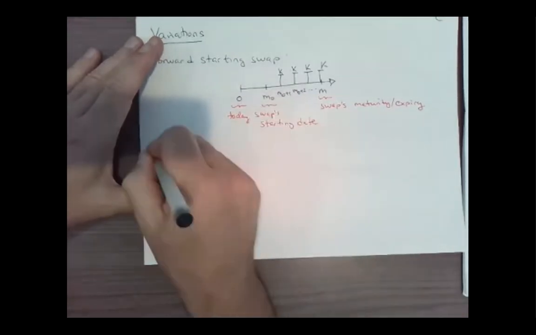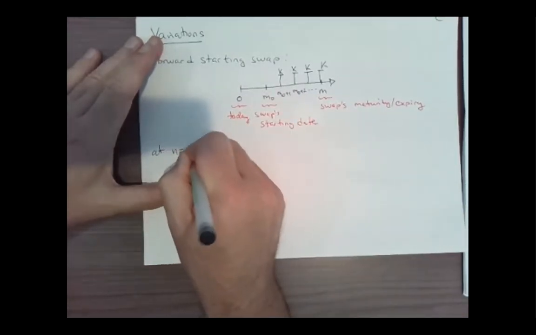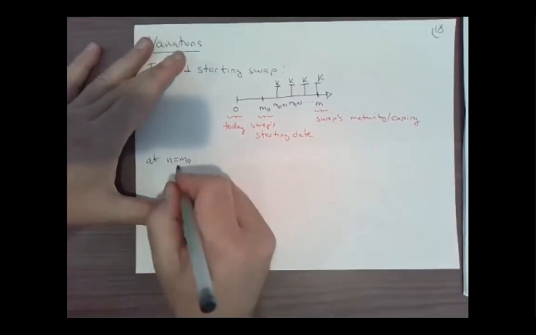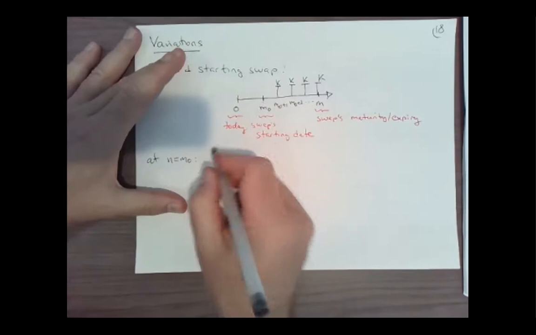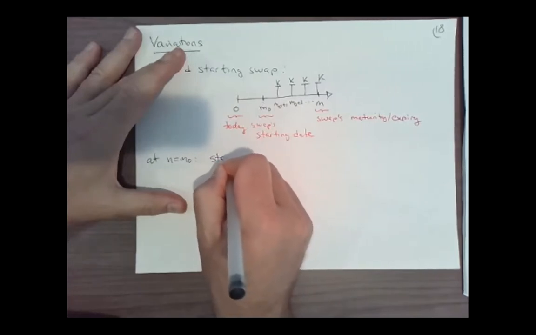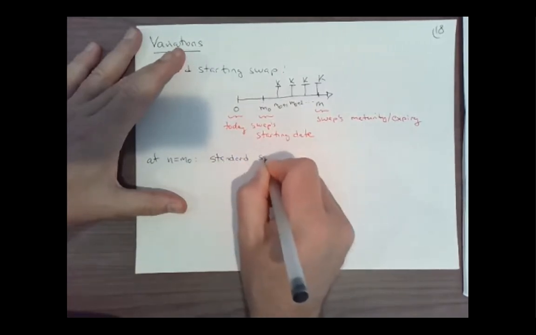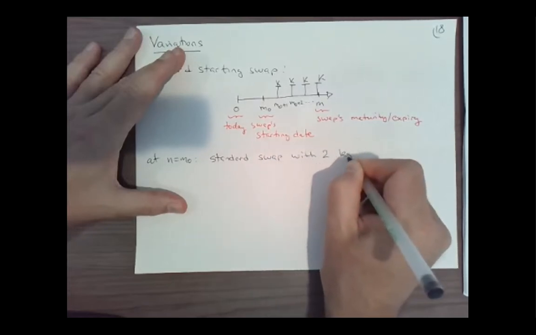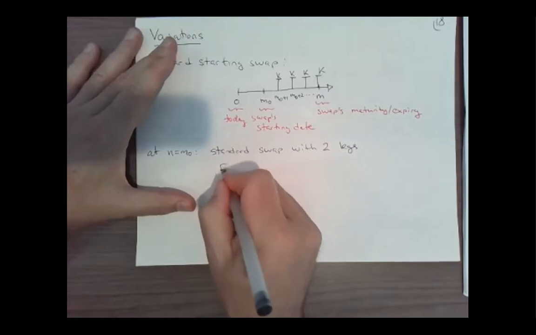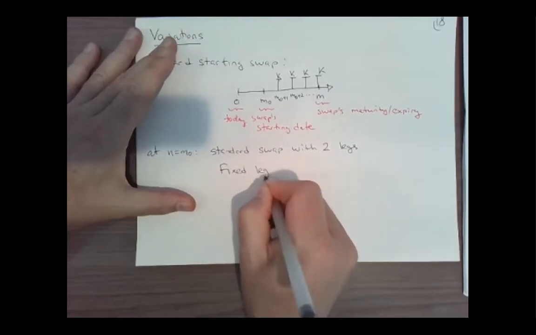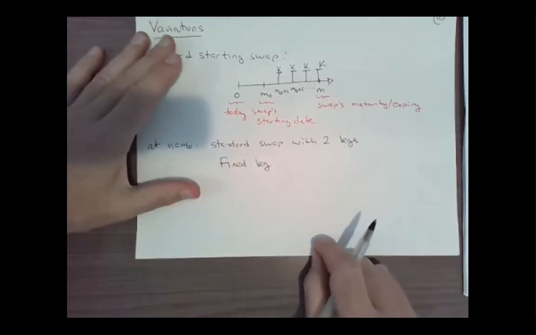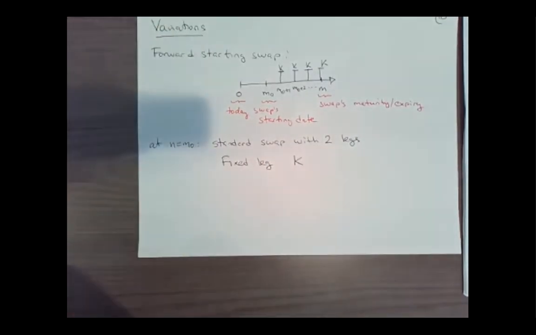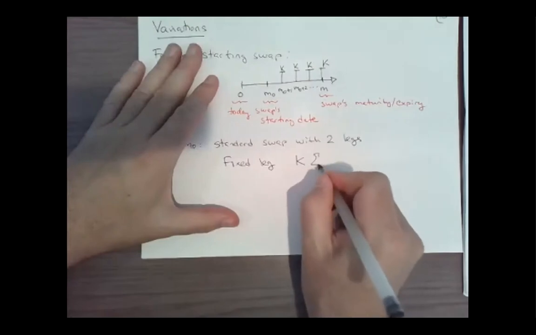So at time m, this is just a standard swap with two legs. So you're gonna have the fixed leg. What's the value of the fixed leg? That was the one we had before. This will be k times the sum.